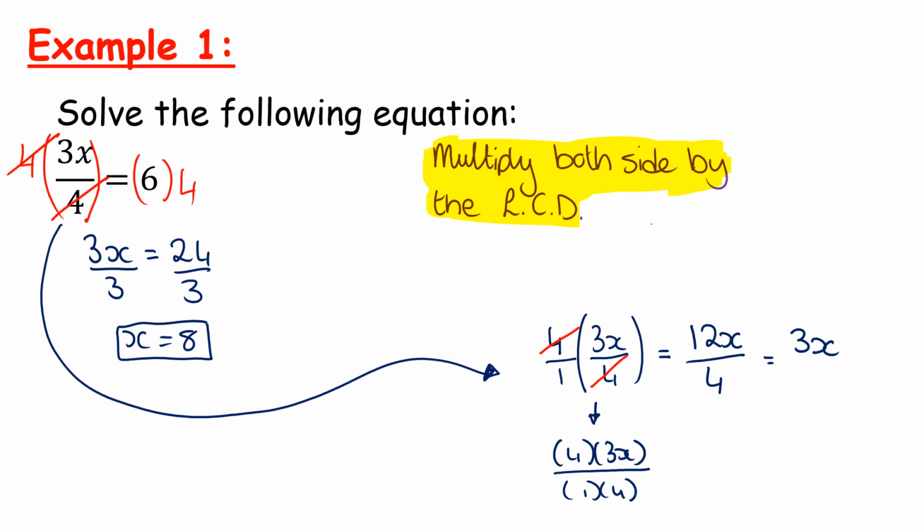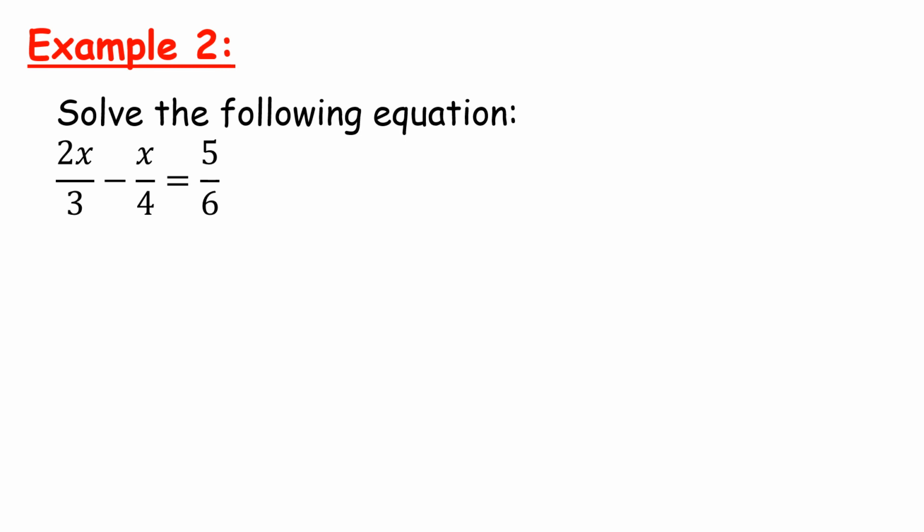And the rule is that you multiply both sides by, I'm going to change that now to not just the denominator, but the lowest common denominator, because we could have a question that has multiple fractions, like this one. So for example, here, the first thing I'm going to do is get the lowest common denominator. Getting into a habit of, you see fractions, you get a lowest common denominator. So we have 3, we have 4, and we have 6.